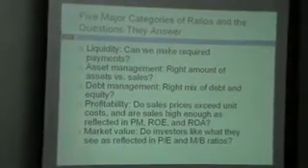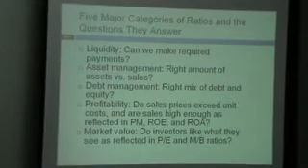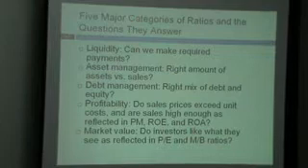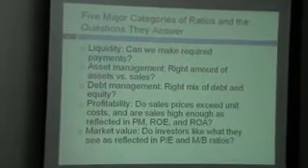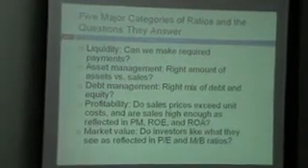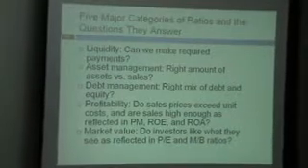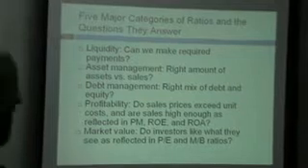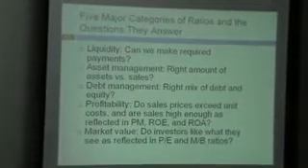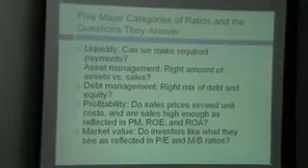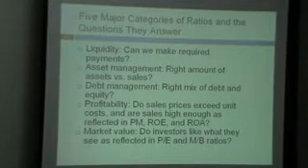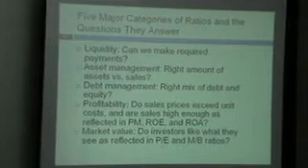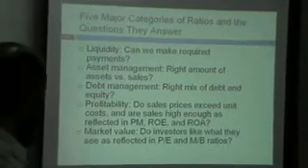So these are the 5 major categories of ratios that are calculated: liquidity ratios, asset management ratios, debt management ratios, profitability ratios, and market value ratios. The data we showed in the beginning slides, based on that we'll calculate all of these. What is the last one? Price earning ratio, that is the market price of the share divided by the net income, and then market value divided by the book value of the share.